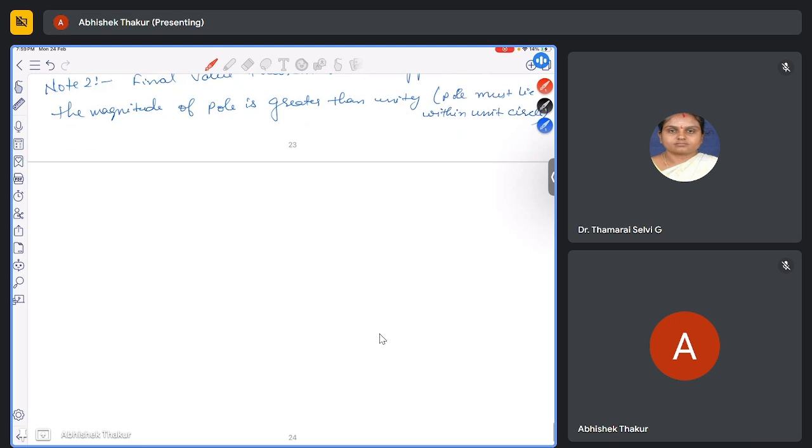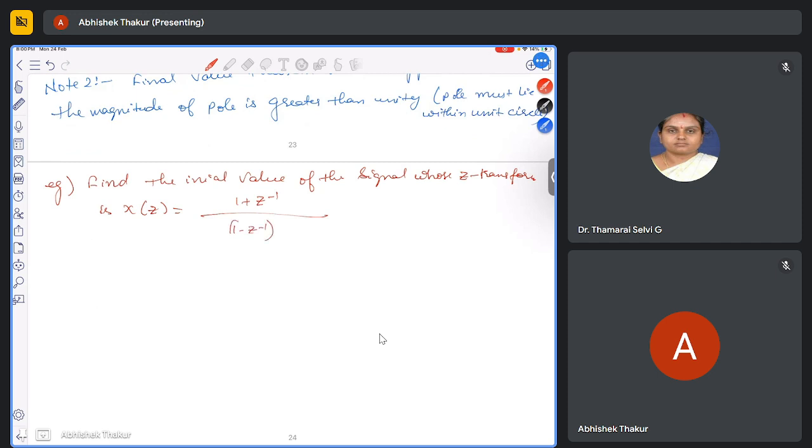So now let's take an example. Find the initial value of the signal whose Z transform x of z is given as 1 plus z inverse divided by 1 minus z inverse times 1 plus 0.5 z inverse.